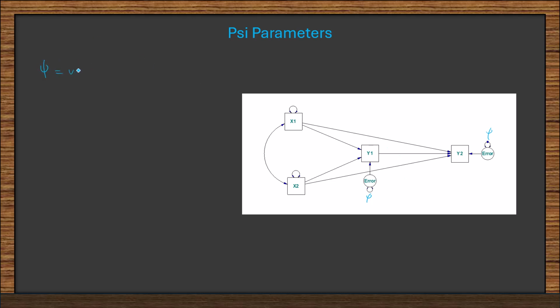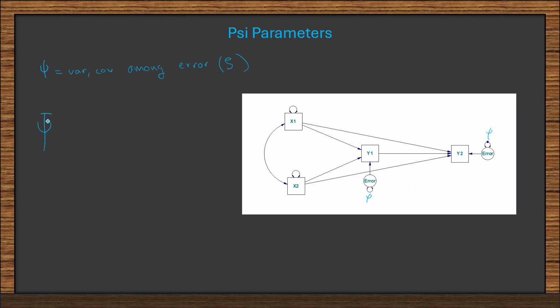That again is the variance, but also covariance among the error, or zetas, if you will. Okay. Now, I say covariance because we could actually correlate these errors if we wanted. You would have a double-headed arrow in here. We don't. In this case, we fix it to 0, but it is possible.